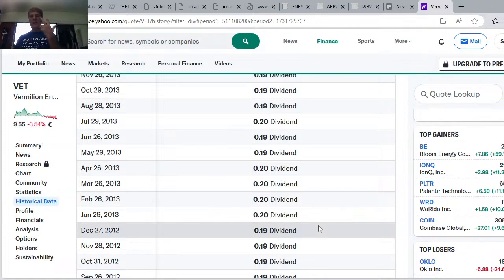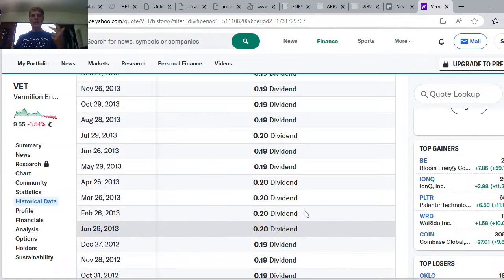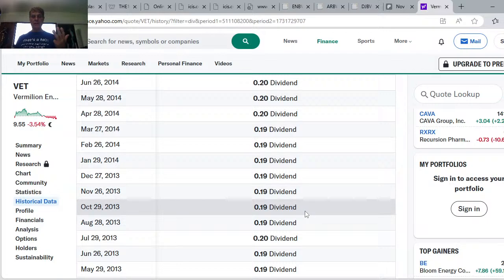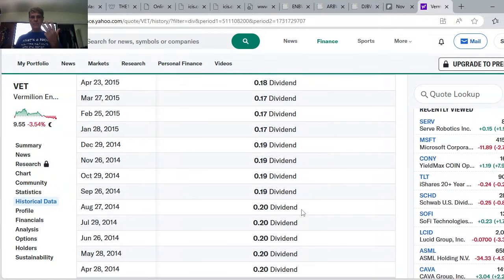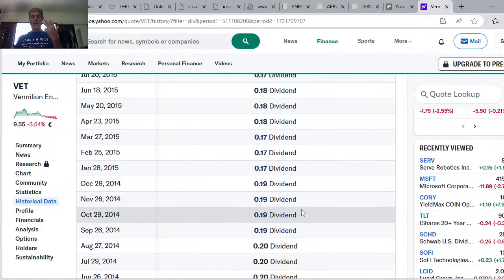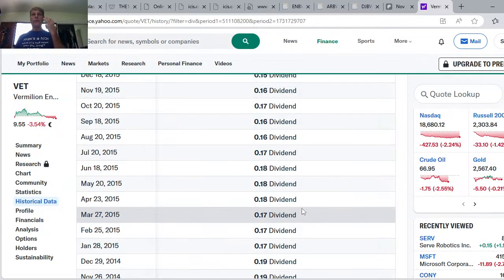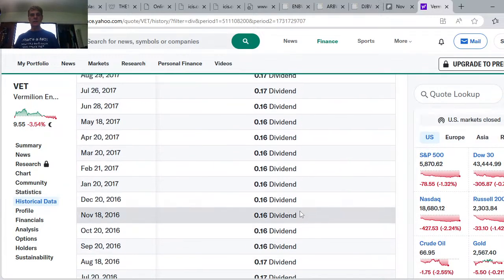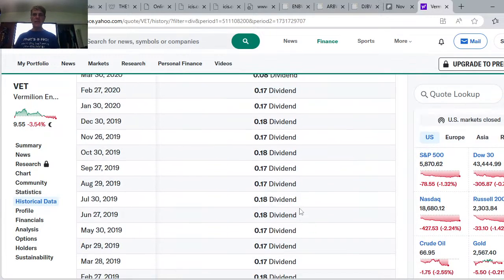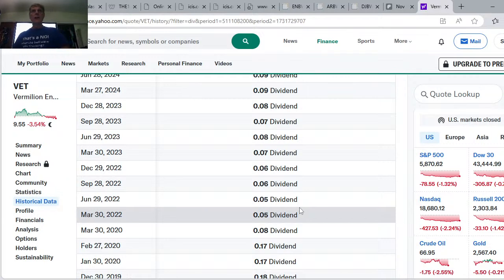All right, so 3 years. It went up to 20, came back to 19 again. 4 years. Okay, and then 5 years. So for 4 years, no increase whatsoever. 5 years, it's going backwards on the dividends. And it's still going backwards. Yeah, no. Sorry, dude.